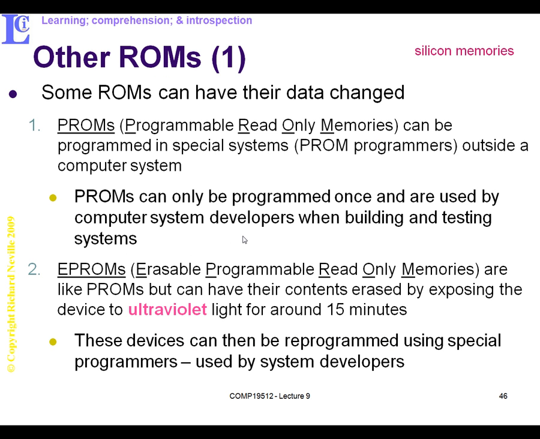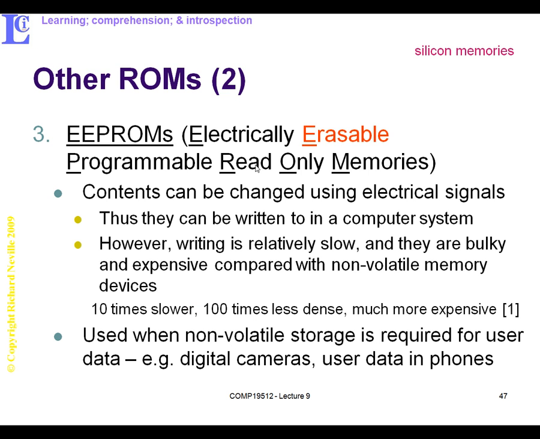So the EEPROMs can have their contents changed, which may be important again and again, but with an electric signal as opposed to irradiating with the UV light. They can be reprogrammed a number of times, maybe not as many times as you can write to certain memories. They're pretty slow to program though, and they're more expensive, and they're not as dense as other memories.